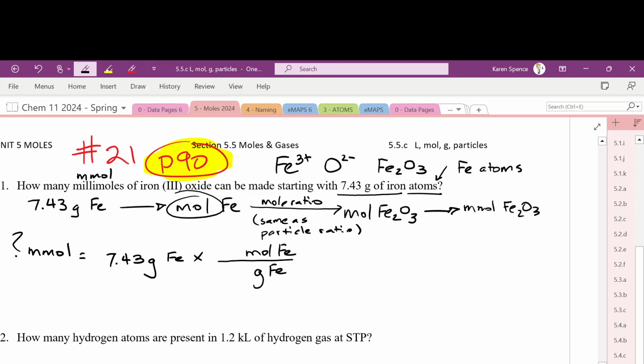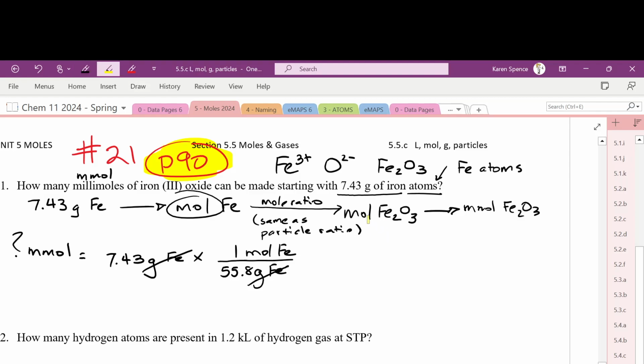Molar mass of iron is 55.8. Okay, so calculator. Not that we're ready for that yet. So my grams have canceled out, and now I have moles of iron.